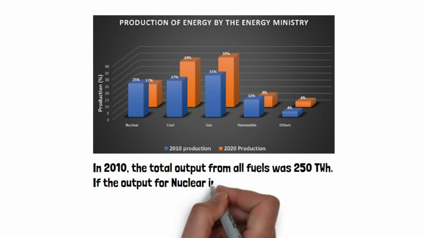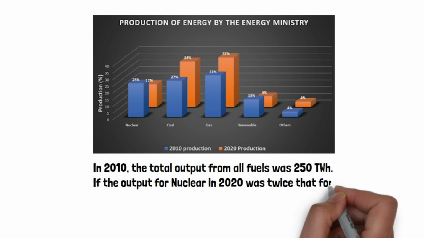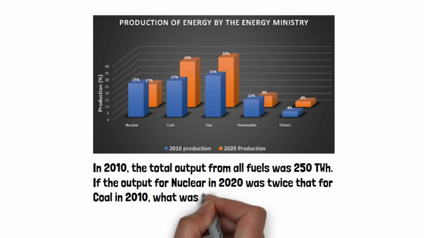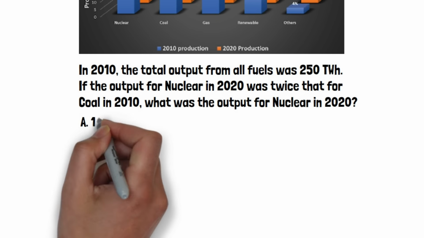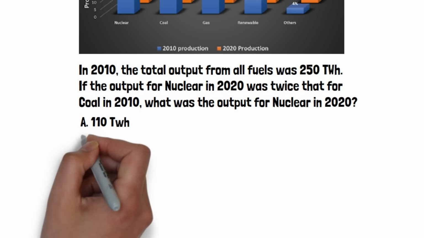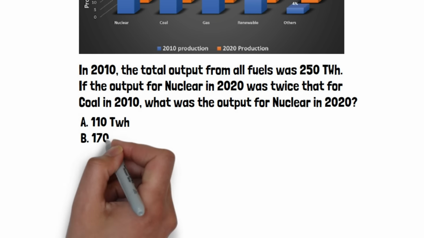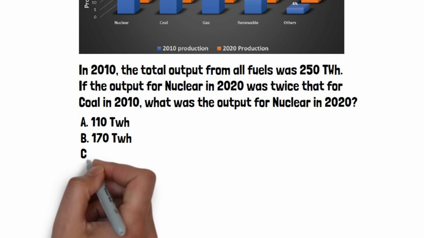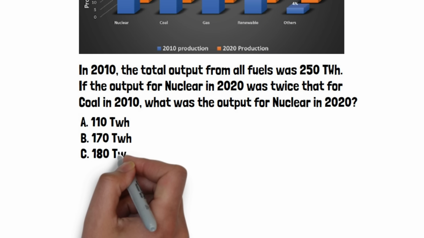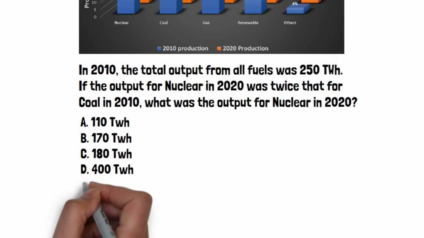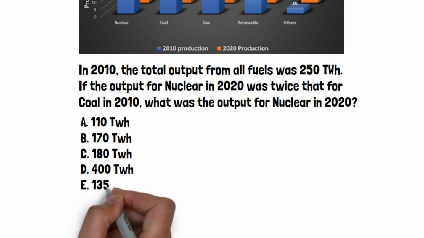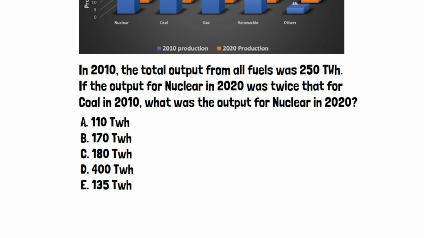If the output for nuclear in 2020 was twice that for coal in 2010, what was the output for nuclear in 2020? Option A, 110 TWh. Option B, 170 TWh. Option C, 180 TWh. Option D, 400 TWh. Option E, 135 TWh.